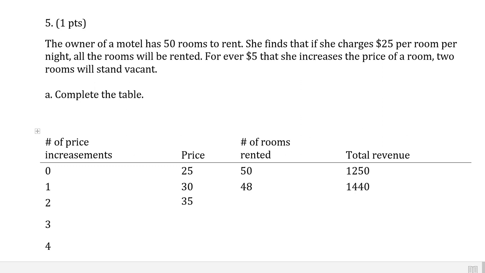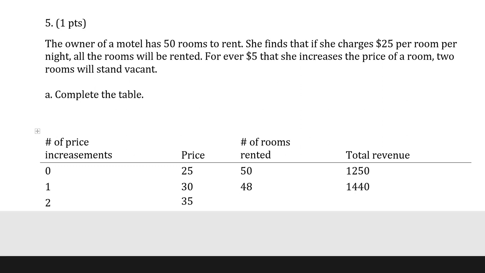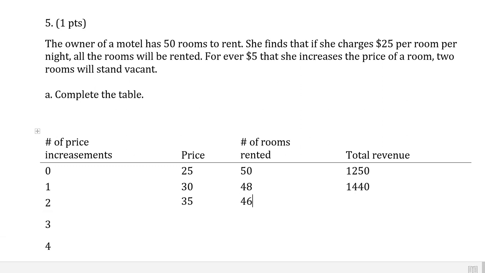And then the number of rooms rented would still decrease by 2, so 46. And if we multiply that together, we get 1610.